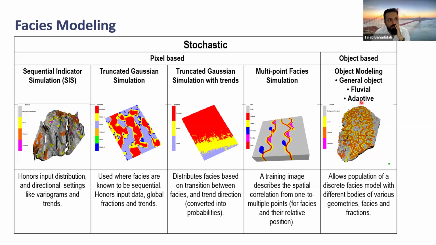And the final method here, the object-based method, is mainly used in fluvial and karst reservoirs. It allows you to populate a discrete facies model with different bodies, various geometries and facies distributions. So it is kind of advanced work in the object-based model.